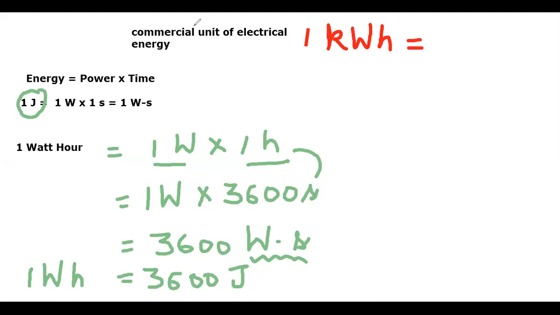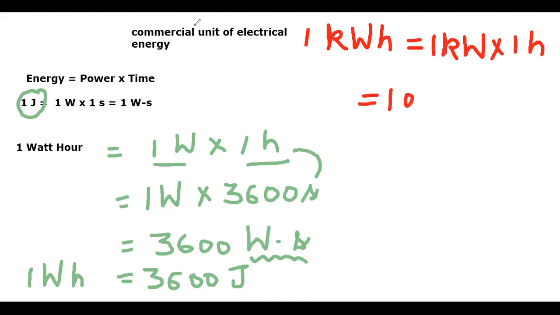So 1 kilowatt hour. How to write it down? Students, write down as I have written in the one watt hour condition. Try to write down 1 kilowatt multiplied by 1 hour. Now 1 kilowatt means how many watts? 1000. 1000 means 10 raised to power 3.